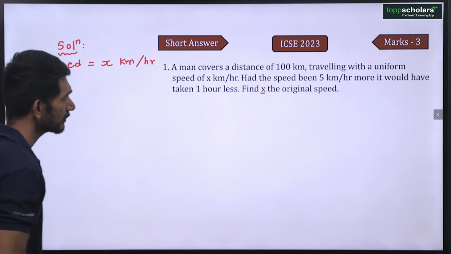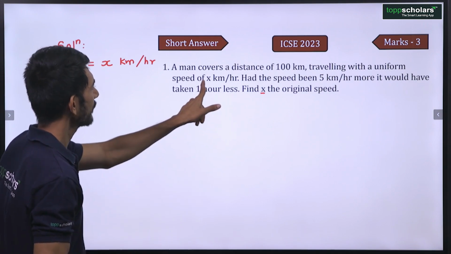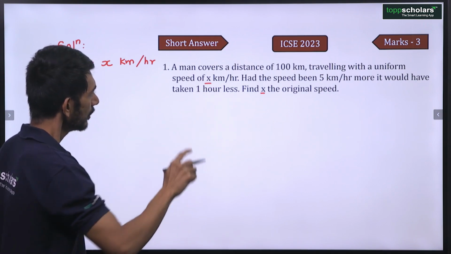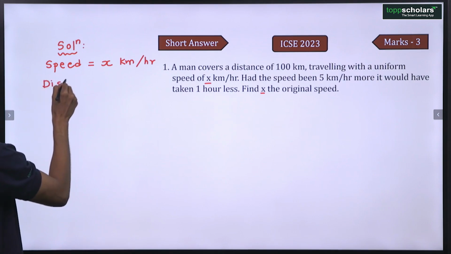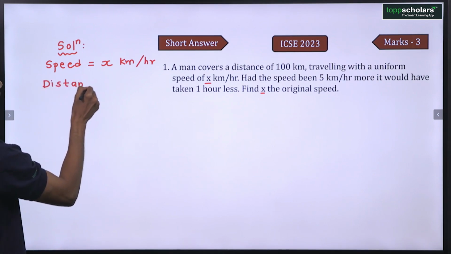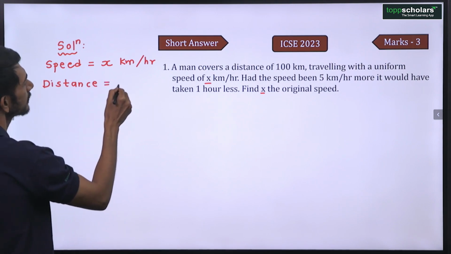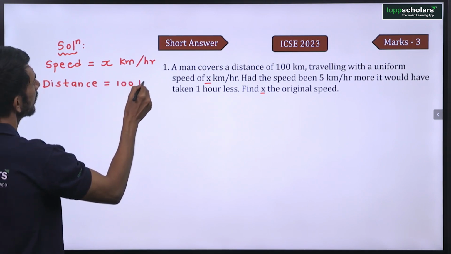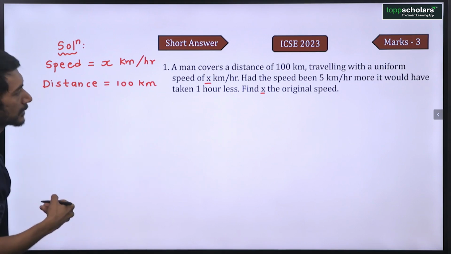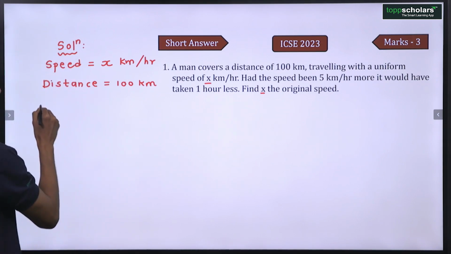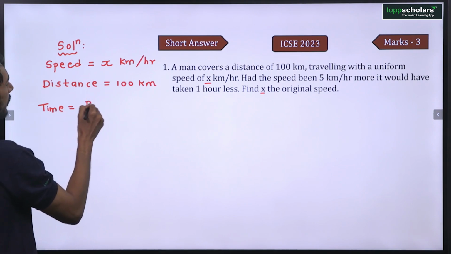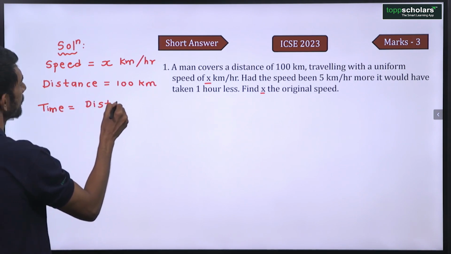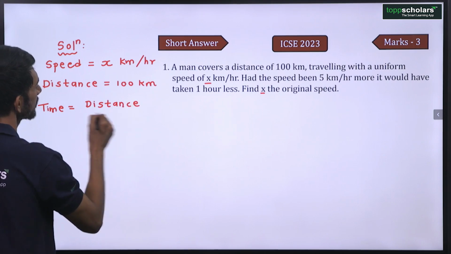Okay, which is obviously given here. So distance is how much? Distance is fixed, it is not changing. Distance is 100 kilometer, correct? So what will be the time taken? So can I say time is distance divided by speed?